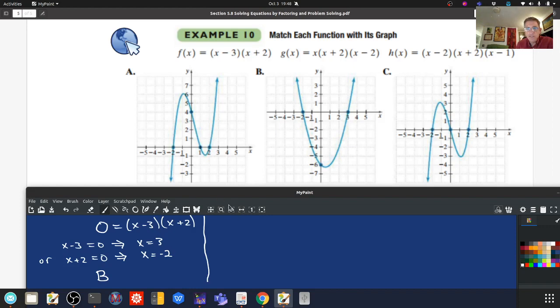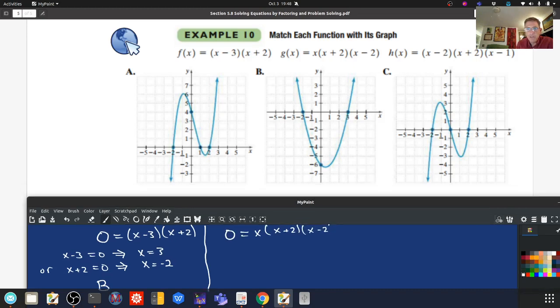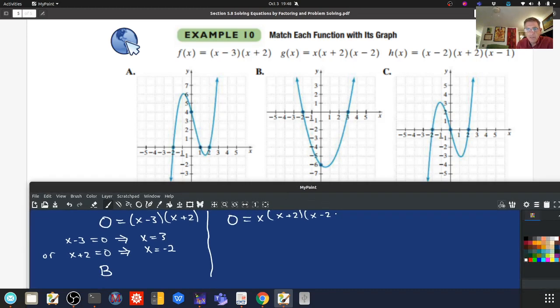Now let's look at the second one. Again, it crosses the graph when g of x is equal to 0. So we solve 0 is equal to x, x plus 2, x minus 2. So that implies x is equal to 0, or x plus 2 is equal to 0, or x minus 2 is equal to 0.